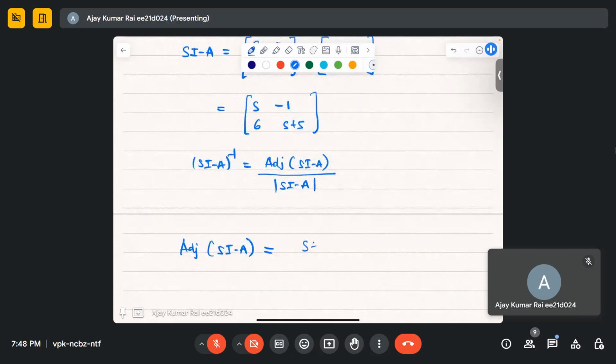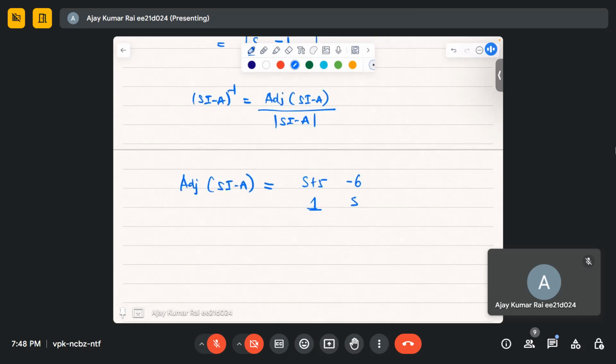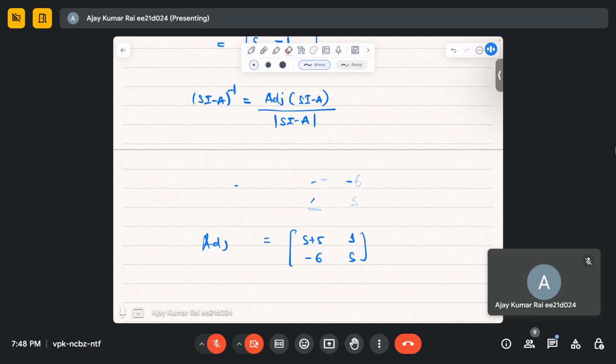So you'll get s plus 5, this is minus 6, 1, and s. So if you find it out, what you'll get is s plus 5, 1, minus 6 and s. So finally I'll get this as the adjoint of this. I hope this is correct.